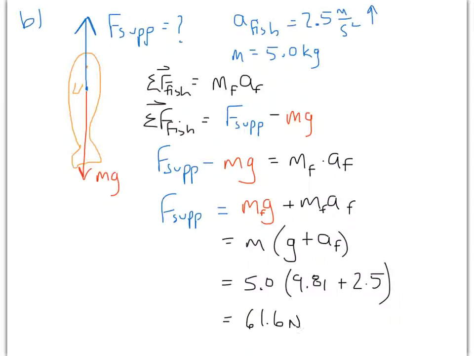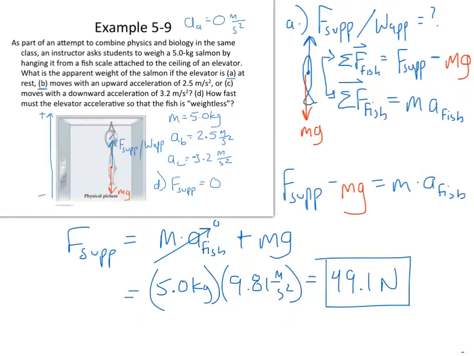61.6 newtons. That is going to be the supporting force in part B. And if we look back and compare it to the weight force, so you might see the supporting force of the fish when it's at rest. If we go back to the previous page, right here is our weight of the fish when it's at rest.